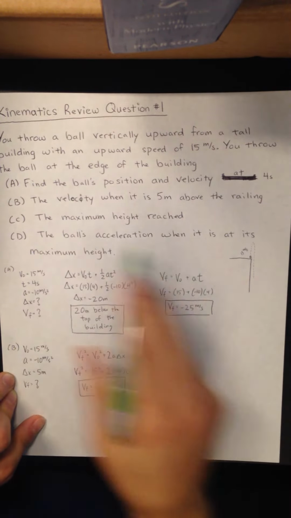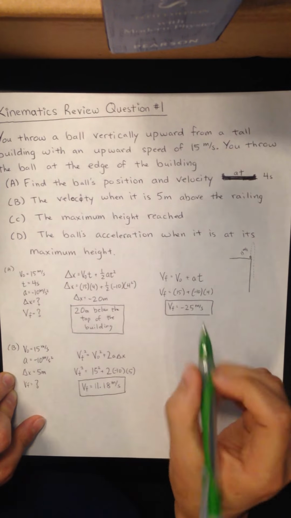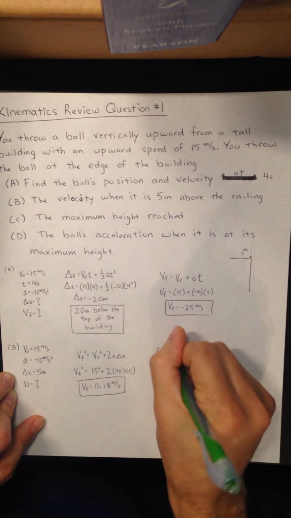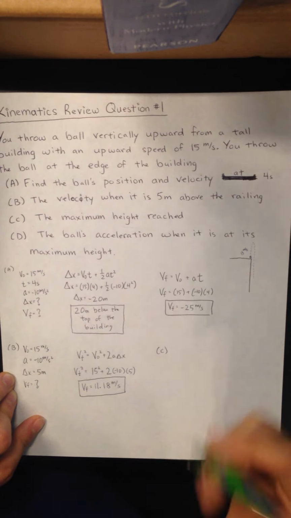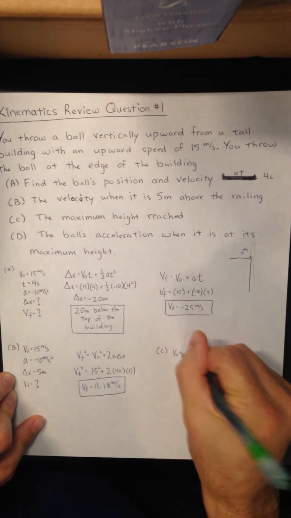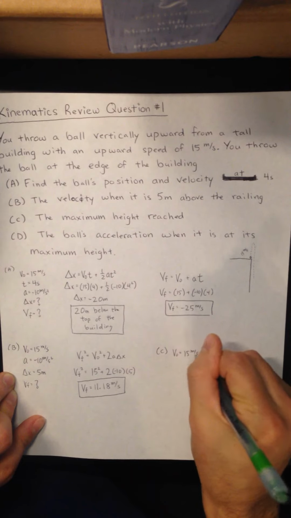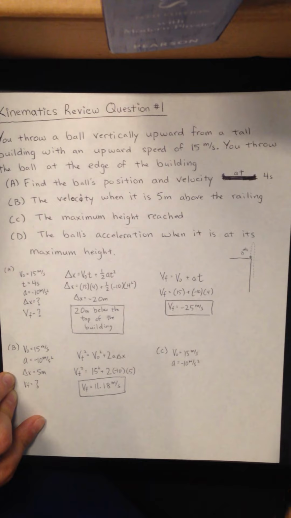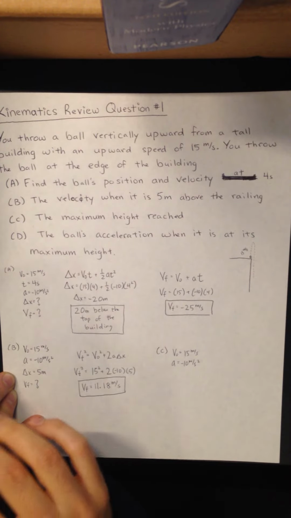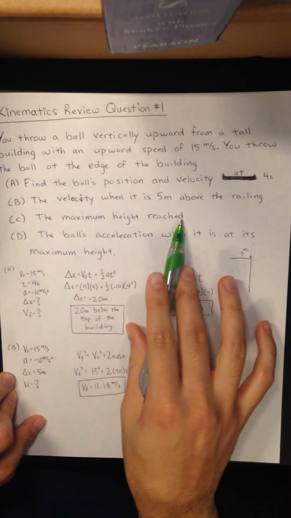Next over here, we're looking for the maximum height reached. This is the only tricky part. Let's list our knowns. V initial, 15 meters per second. Acceleration, negative 10 meters per second squared. And that's all we know. However, it asks for the maximum height reached.